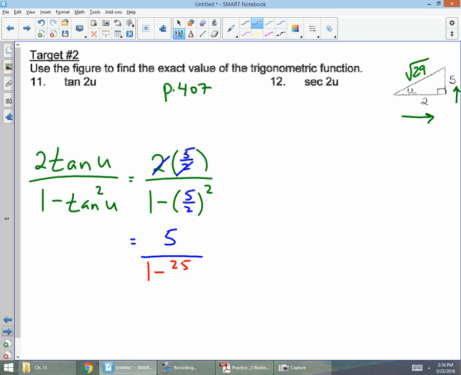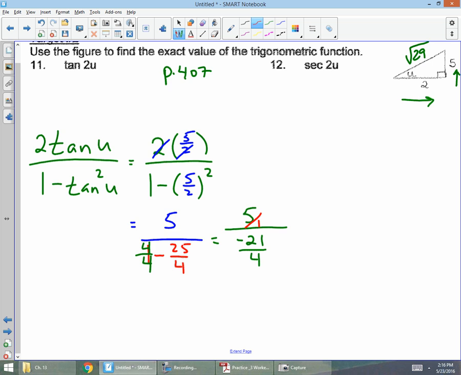1 minus 25 over 4. So we squared 5 and we squared 2. Well, let's turn this into 4 over 4, so we have common denominators, which now gives me 5 over negative 21 over 4. Now don't forget that technically 5 was over what?